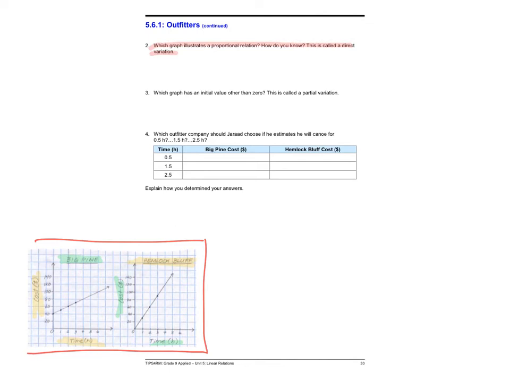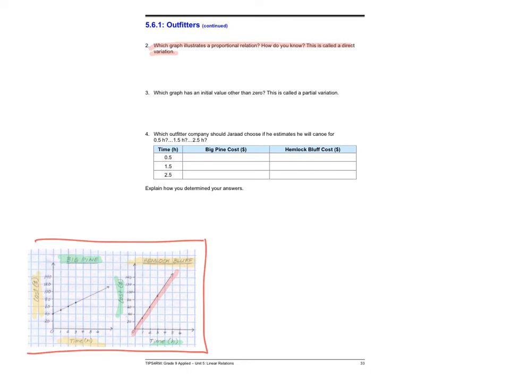So in this question, we're introducing a lot of new words. When we talk about a proportional relation, we're talking about ones that have the same changes. Now, this graph would have to increase for time and increase for costs, which we see right here.